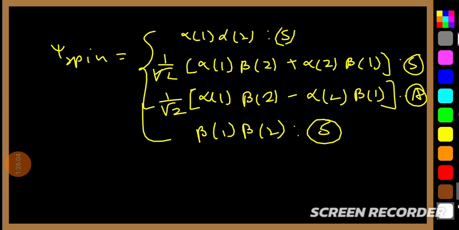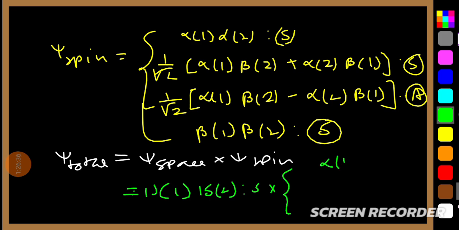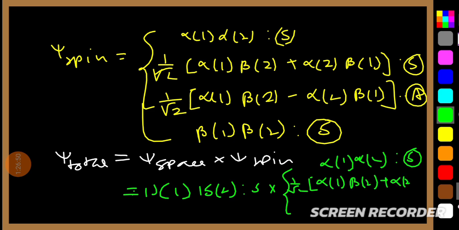Now psi total, that means what? Psi space into psi spin. ওকে, তো দুটোই করে দেখো, তাহলে আলটিমেটলি এরকম আসবে। psi space means 1s1, 1s2, that should be symmetric, into ওই alpha 1 alpha 2, that must be symmetric, 1 by root 2 within the third bracket alpha 1 beta 2 plus alpha 2 beta 1, that should be symmetric. একইভাবে 1 by root 2 alpha 1 beta 2 minus alpha 2 beta 1, that must be antisymmetric.